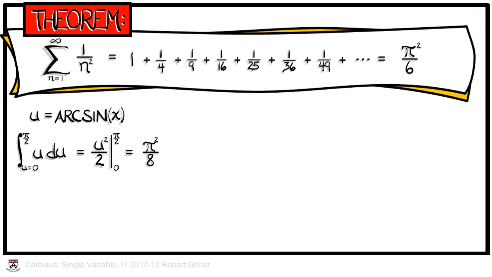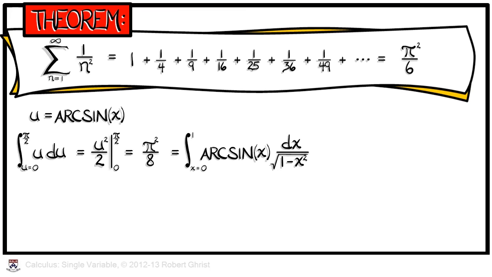Note the presence of a pi squared. That is a critical piece. Now, when we substitute in arcsine of x for u, we get the integral of arcsine x dx over square root of 1 minus x squared. Changing the limits, this becomes the integral as x goes from 0 to 1.